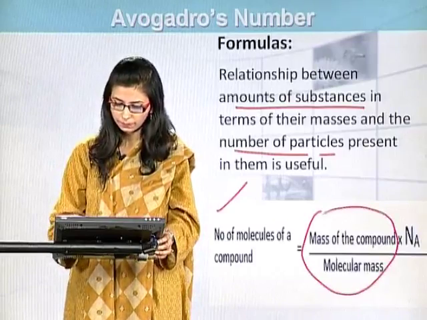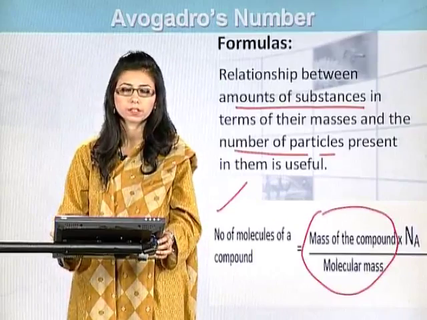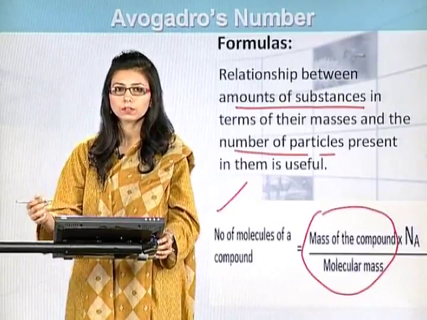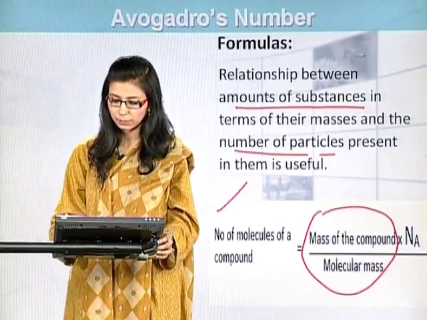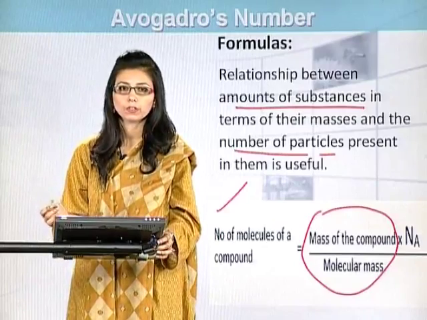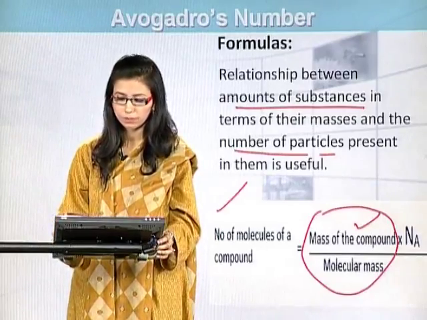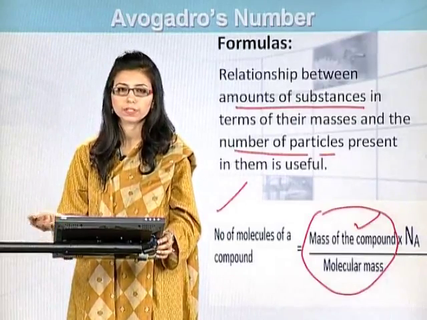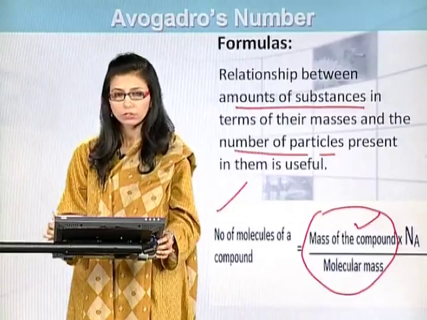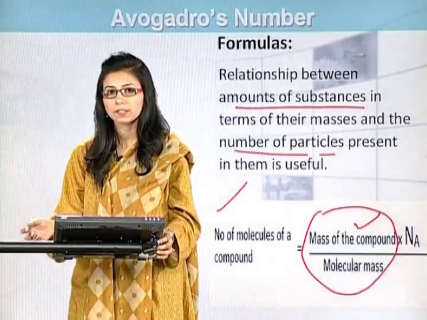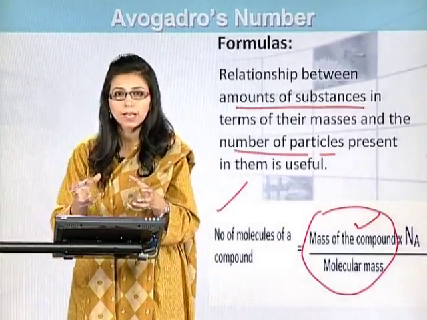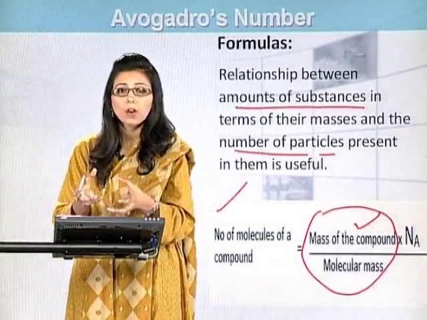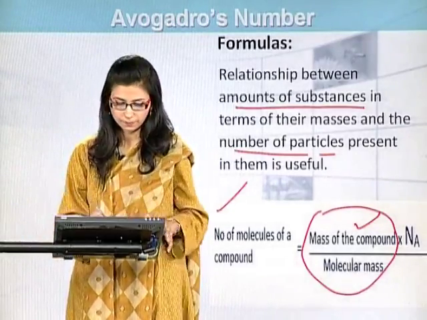This part here, mass of the compound over molecular mass, if you recall the mole formula, is actually the number of moles of a certain compound. The given mass we divide by the molecular mass, and we get the moles of a certain substance. And if we multiply that by Avogadro number, then we will know how many particles are there in a given mass of a certain substance.